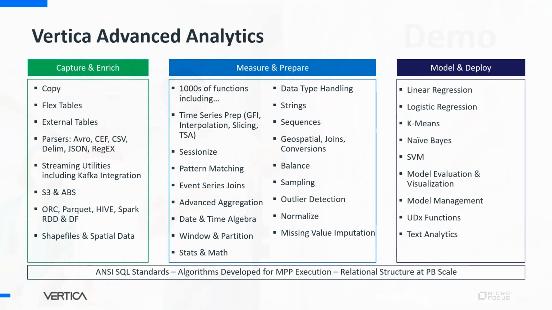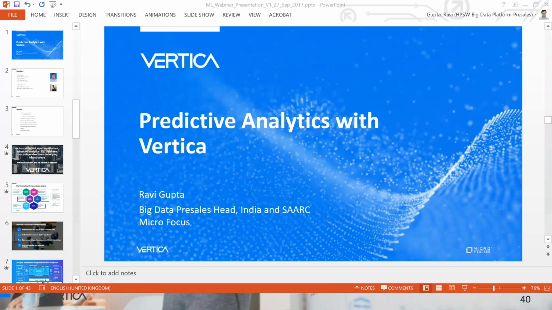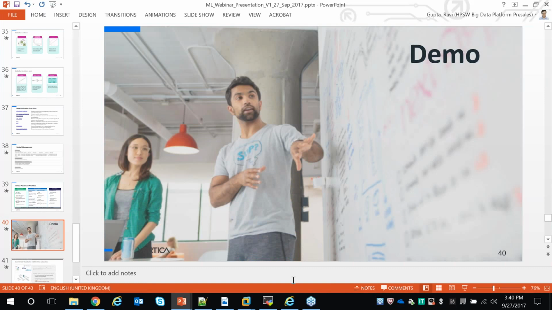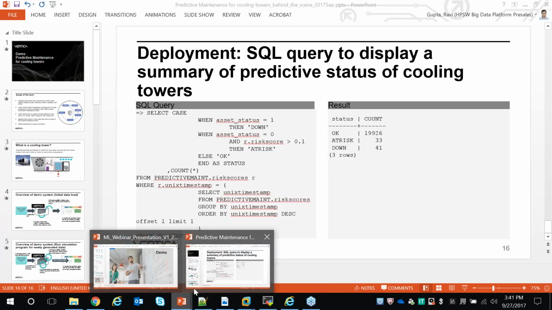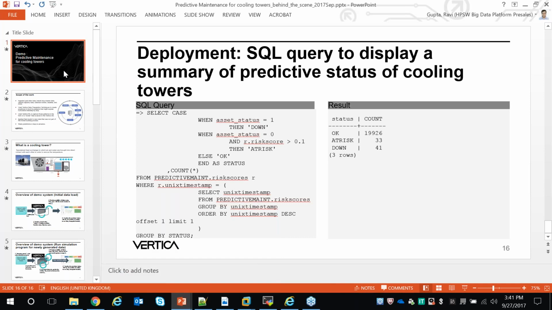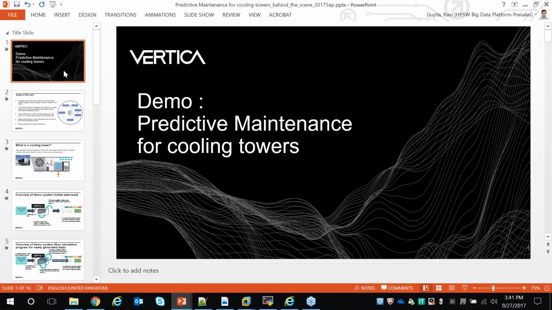I would like to showcase a demo here, and I will ask my colleague Kaito to describe that demo, and we will also run the demo after that. So Kaito, over to you.